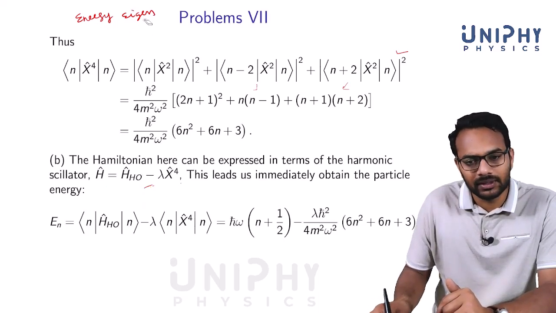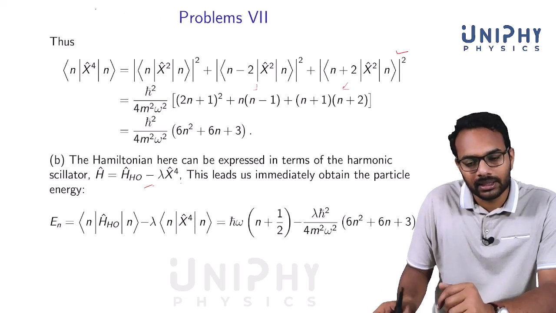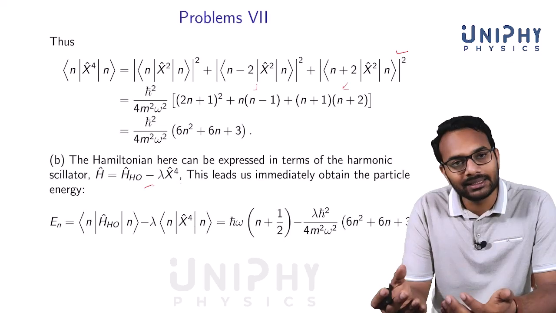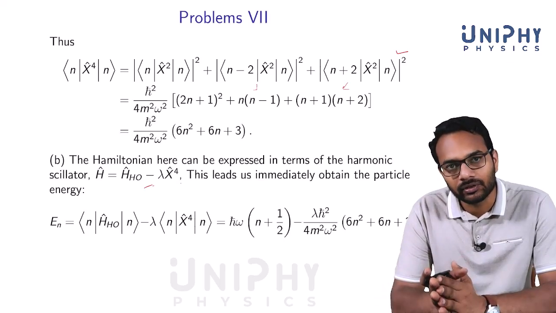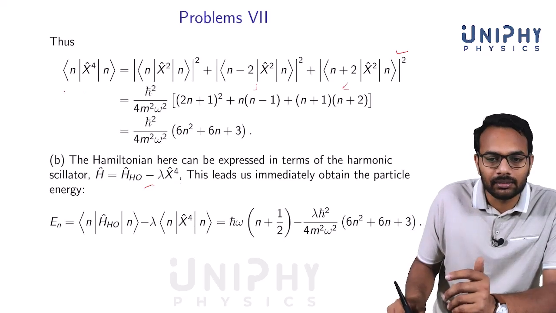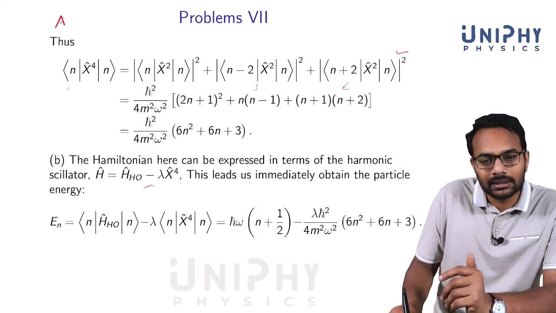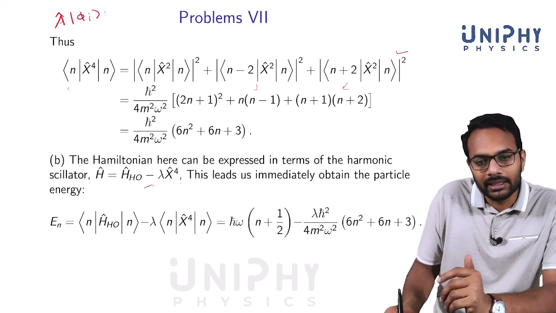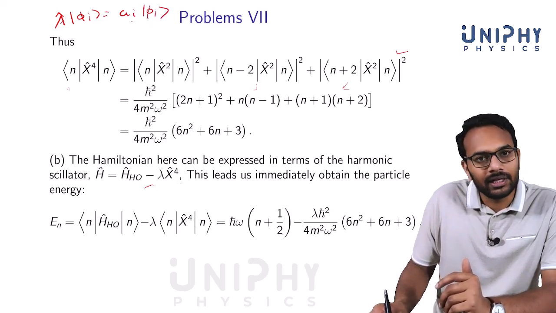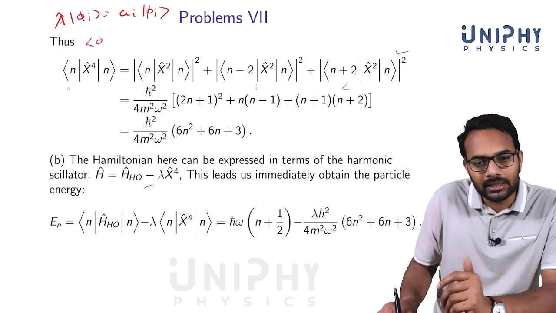If you are concerned about that, you should remember that if you take the expectation value in an eigenstate of an operator, then you get exactly the eigenvalue. For example, suppose we have A acting on phi i is equal to A i phi i. So this is the eigenvalue equation. Now, what if you find the expectation value of phi i, A, phi i?